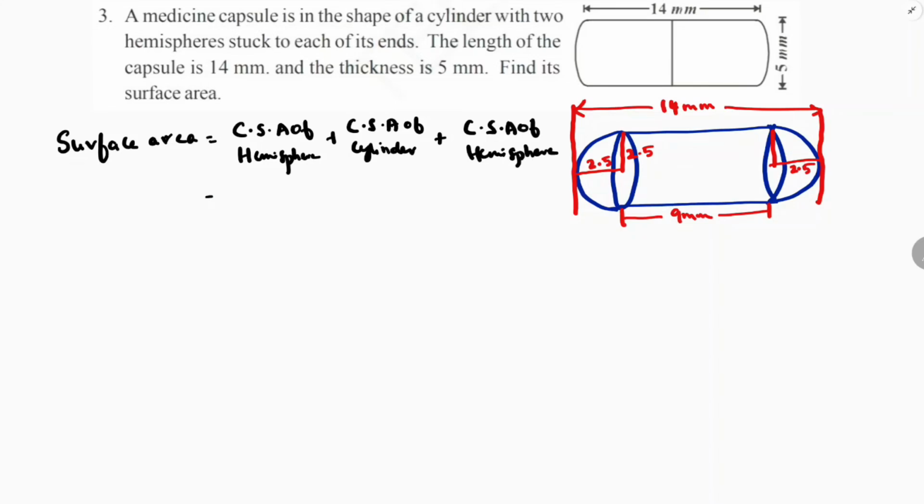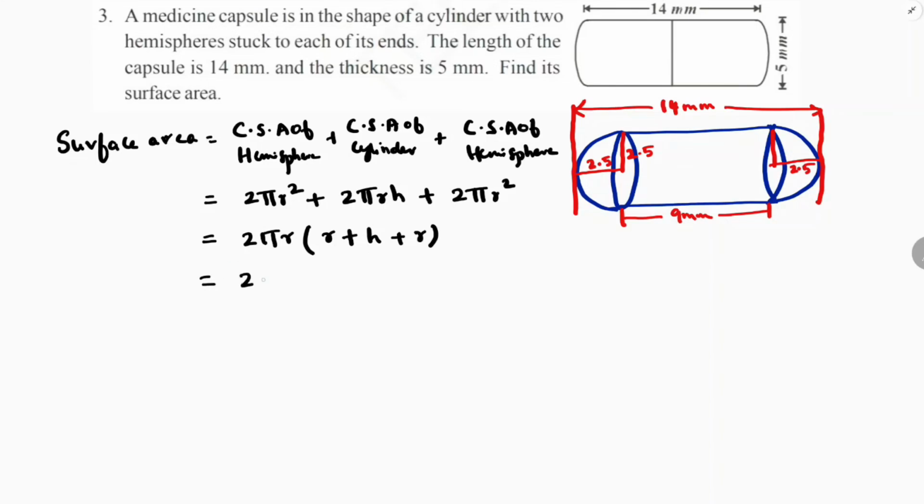So now if I write the formulas, curved surface area of hemisphere is 2 pi r square and curved surface area of cylinder is 2 pi rh. Curved surface area of hemisphere is 2 pi r square. So here I'll take 2 pi r common. So here r plus here h and here again r.